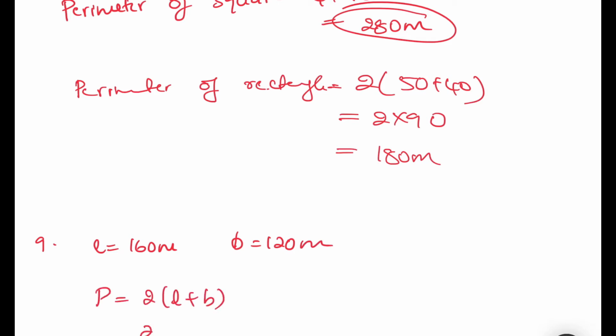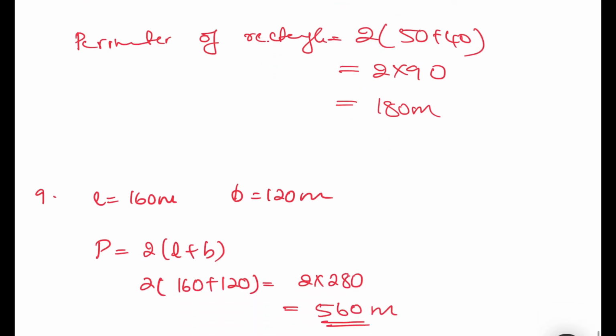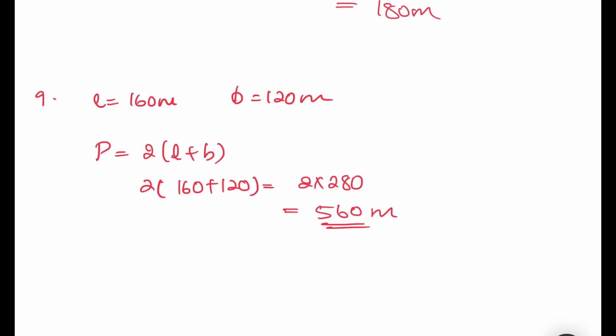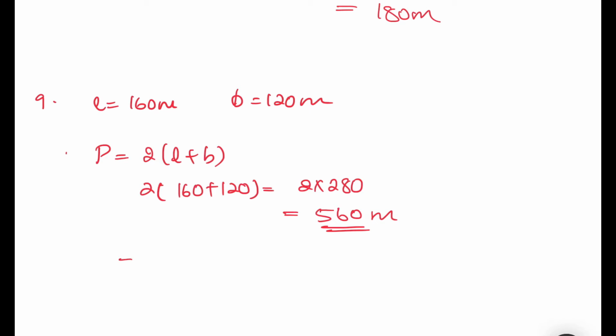A rectangle field has length 160 meter. So perimeter will be 2 into 280, which will give you 560 meters. Now the length of the fence required to enclose the field will be the same as the perimeter, so it's 560 meter.